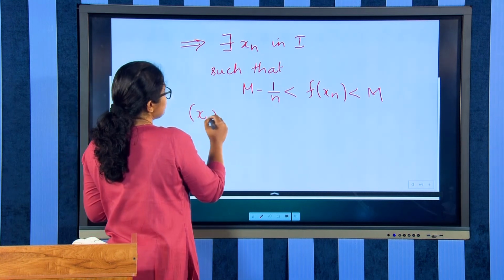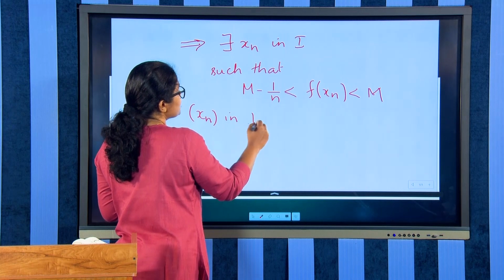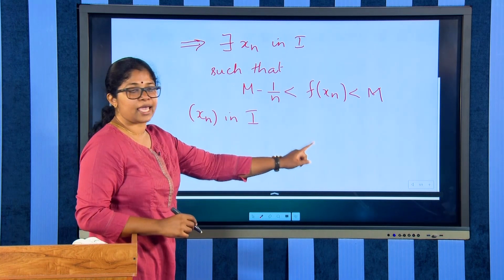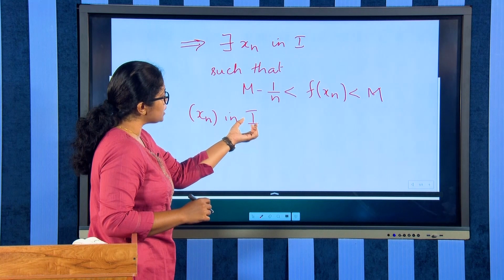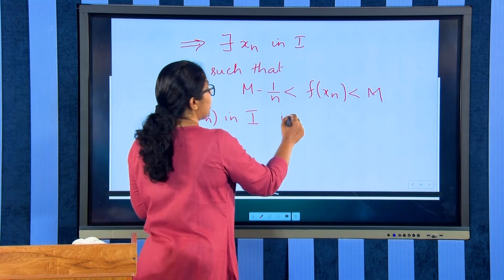For the sequence xn in I, as we had seen in the previous case, since I is closed and bounded, this is bounded.